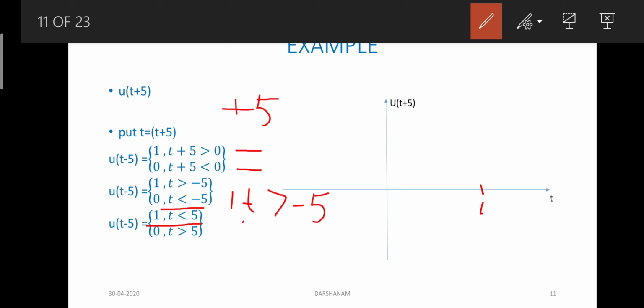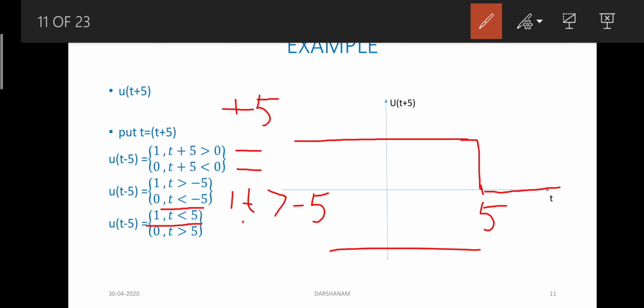Let's draw the graph. Here it is 1 for t less than 5 and 0 for t greater than 5. By the equation we can draw the figure like this.